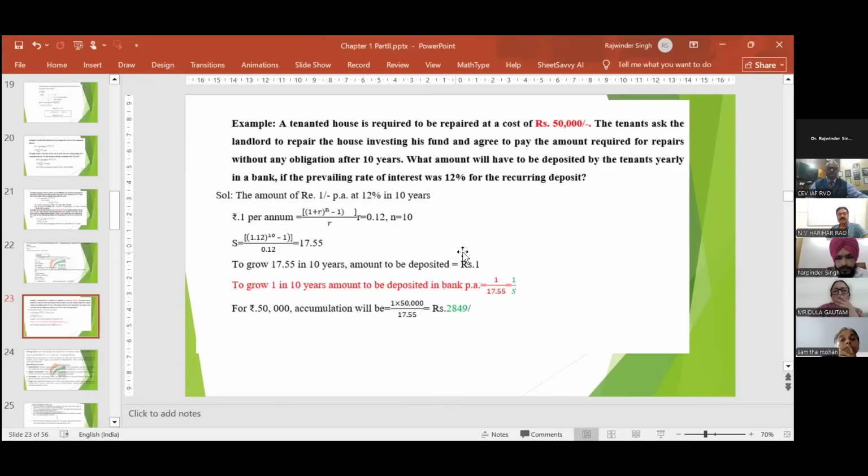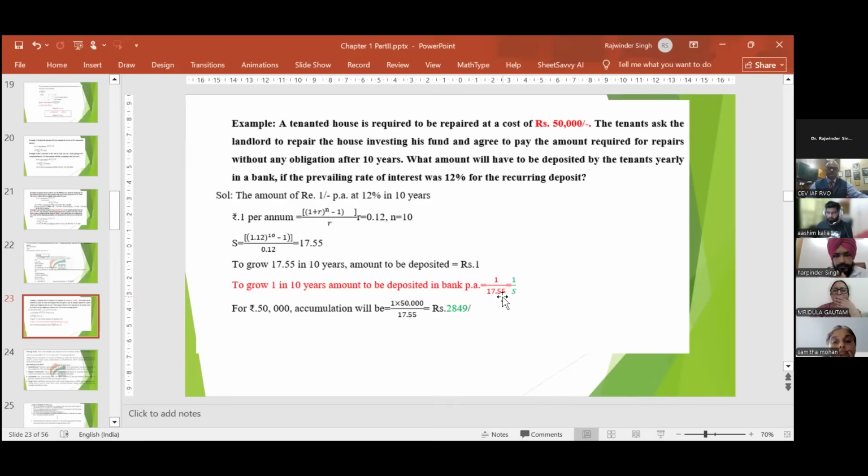Simple unitary method, 1 upon 17.55. What is this 1 upon 17.55? It is 1 upon S.